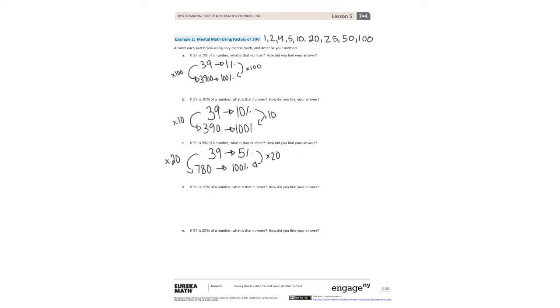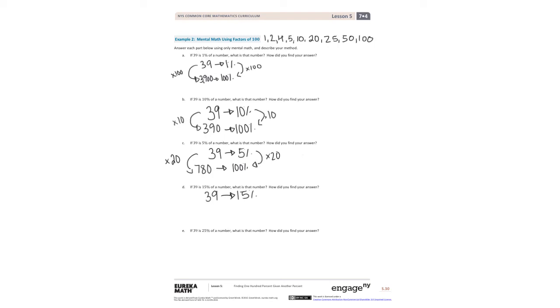So we're going to take 39 is to 15. Now this is going to be a little different because 15 is not a factor of 100. But what's a common factor that 15 and 100 share? Well, that's going to be 5, because we can put 5 into 15 3 times and 5 into 100 20 times.